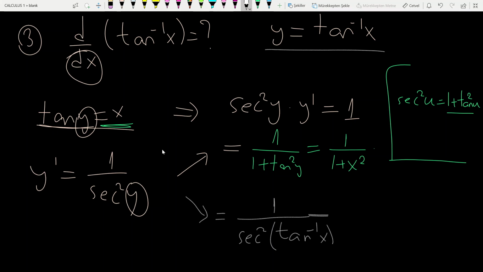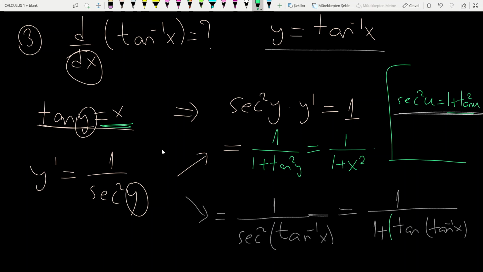So instead of y we have arctangent x, and using this identity again, you have 1 over, instead of secant square, 1 plus tangent square of tangent inverse x. So we can write this square here.